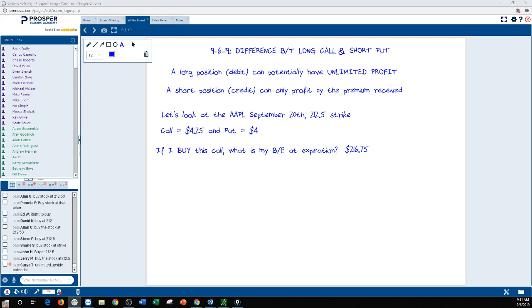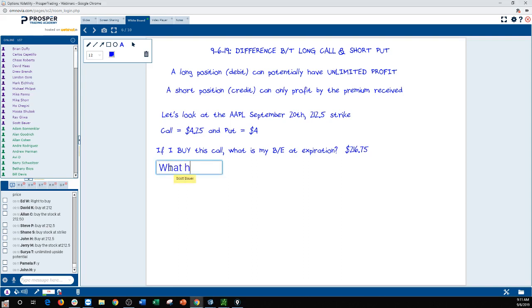Okay, so then Randy, if I own this call, which gives me the right to buy stock at 212.5, what happens if the stock goes to 500 or 1,000 or 10,000? Besides the fact that if that happens, the market's going to rally, just gobs and gobs.